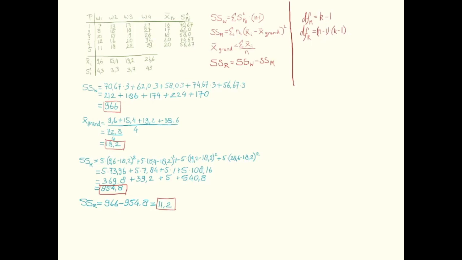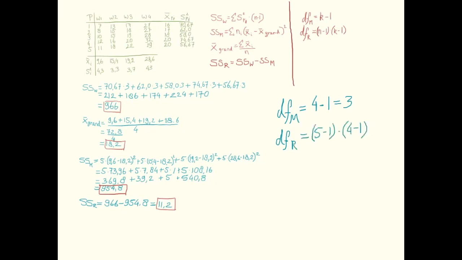The degrees of freedom of the model equal k minus 1, in which k is the number of observations. So 4 minus 1 equals 3. The degrees of freedom of the residual equal n minus 1 times k minus 1. The number of participants, 5 minus 1 is 4, times the number of observations, 4 minus 1 is 3, which is 12, and therefore the degrees of freedom of the model equal 3 and the degrees of freedom of the residual equal 12.